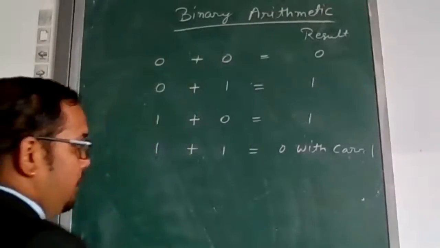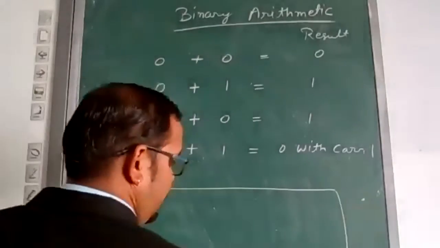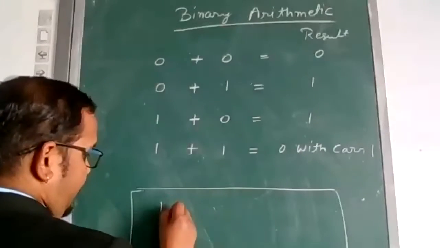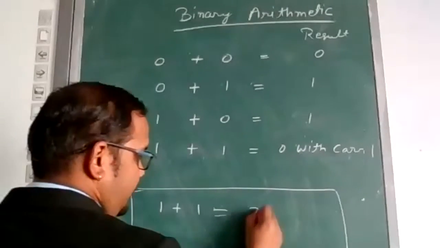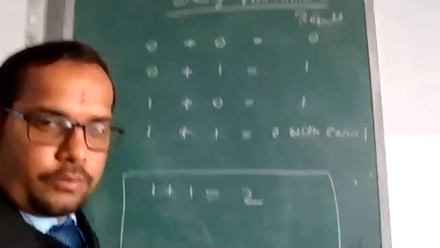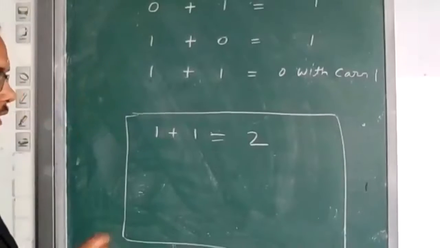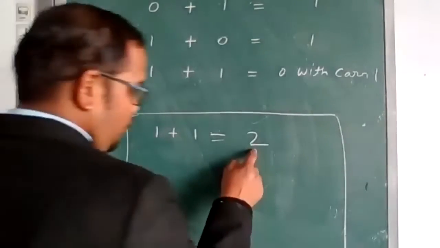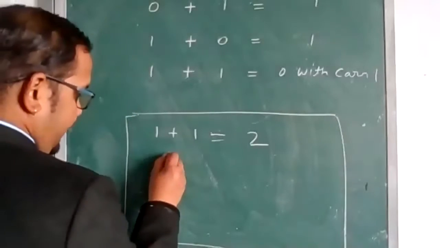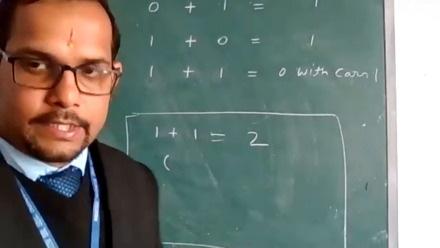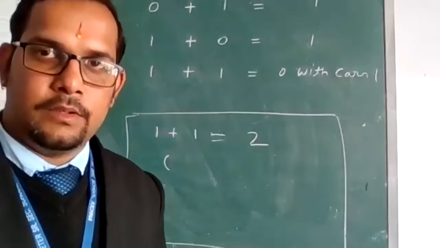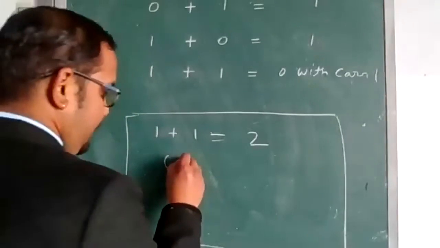रूल बना कैसे? Now in maths, come to the maths. 1 plus 1, that is 2. Clear? And this 2 is written in the form of decimal because 2 comes under the decimal number system.